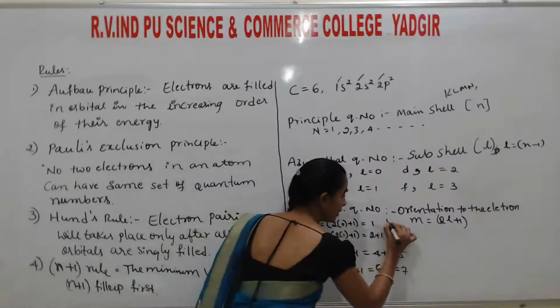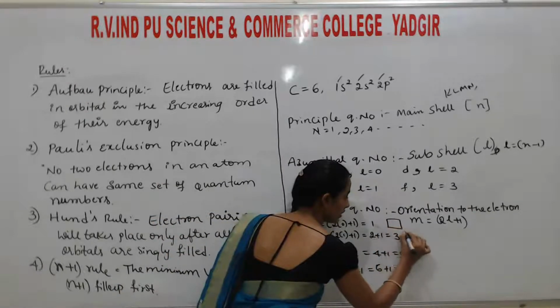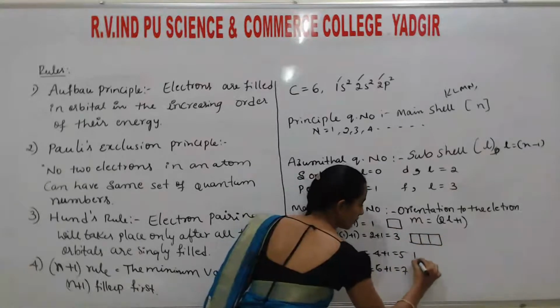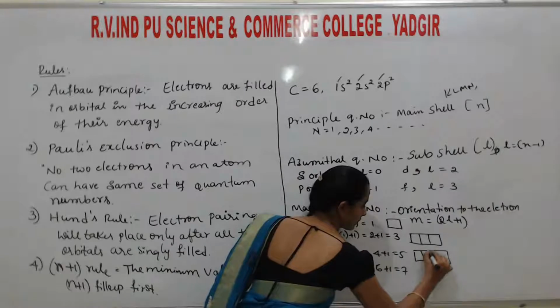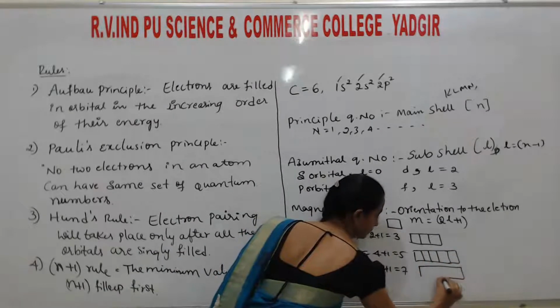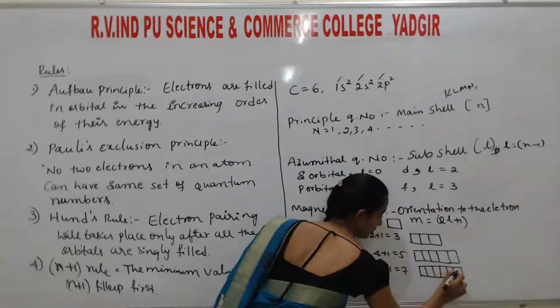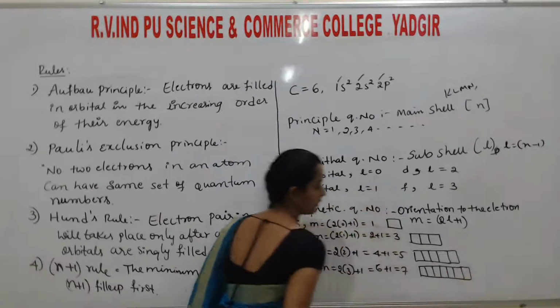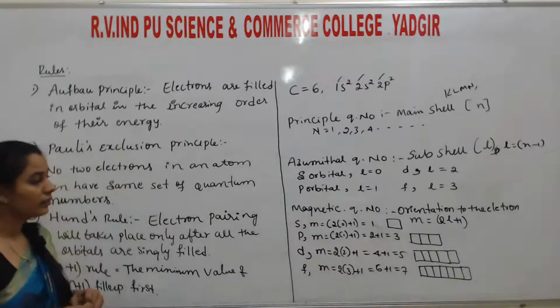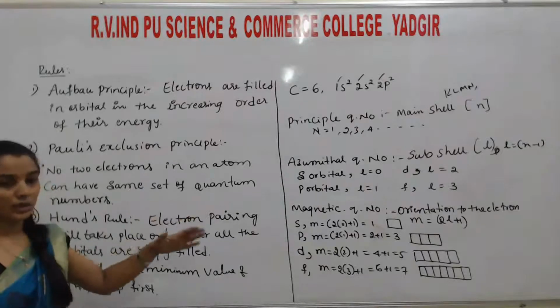If we want to write the s orbital, we write it like this; for the p orbital, like this; for the d orbital, 5; for the f orbital, 1, 2, 3, 4, 5, 6, 7. This gives the magnetic quantum number.